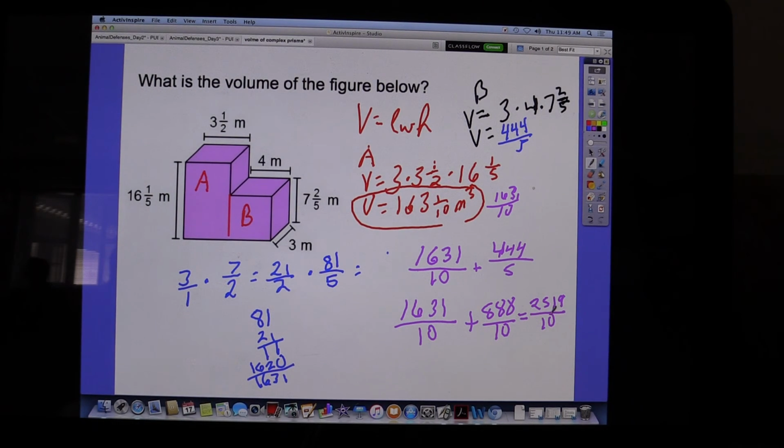And to convert that to a mixed number, this is the volume of the whole thing. The volume of the whole thing is going to give me 251 and 9/10 meters cubed. And when I look at these values, it does make sense. It seems like that would be a good answer, and I'm pretty sure it is correct.